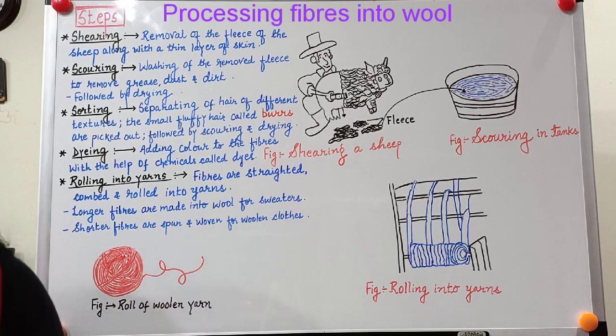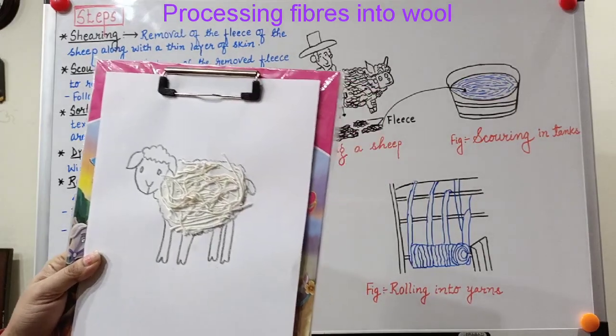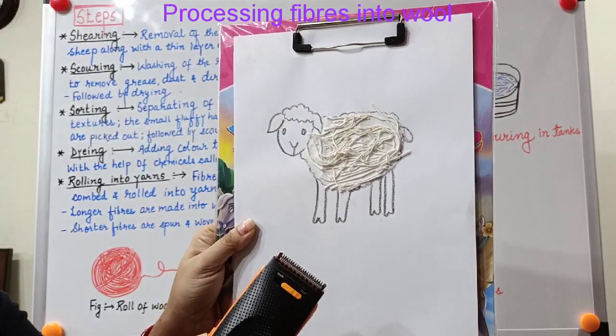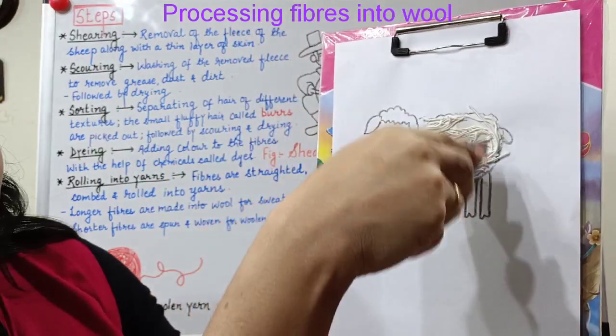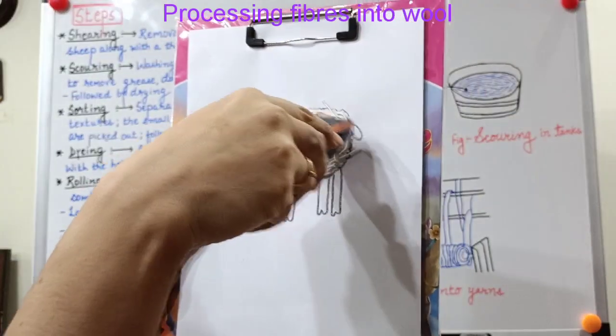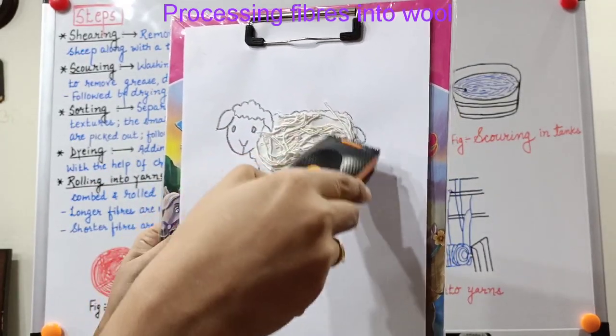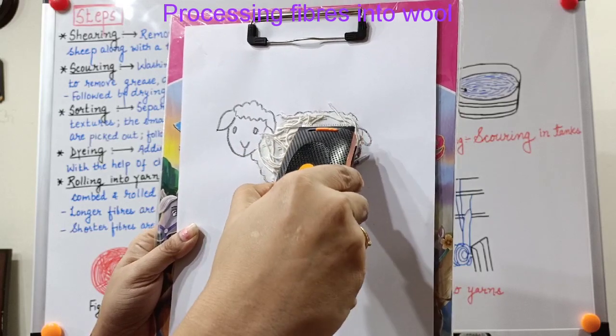Let's try to observe the shearing. This is a kind of shearing machine, and let's try to shear the fleece of this sheep. I have just tried to duplicate this process here.